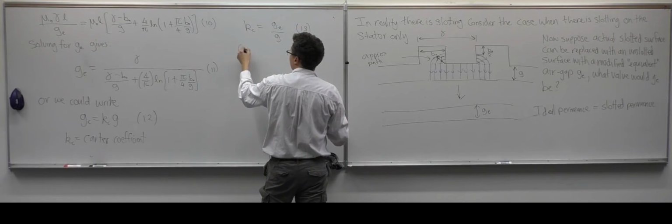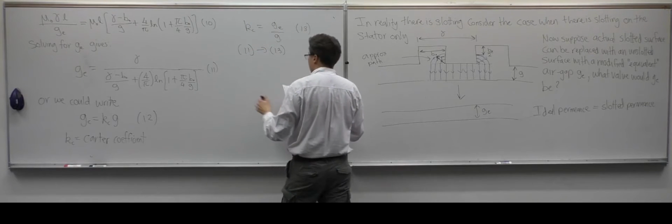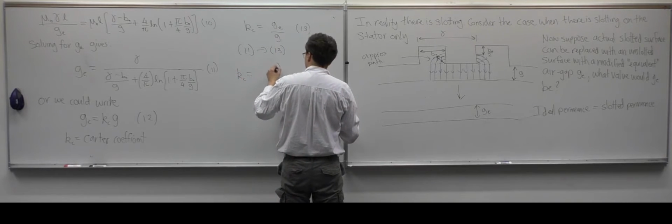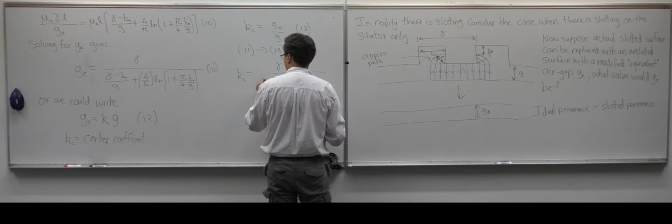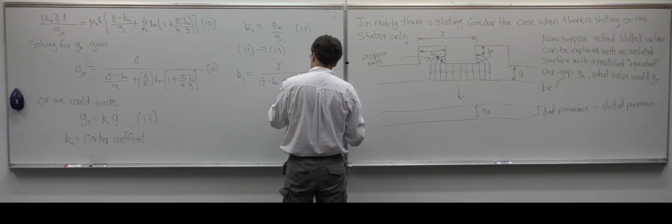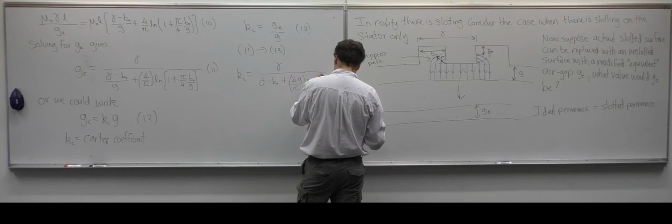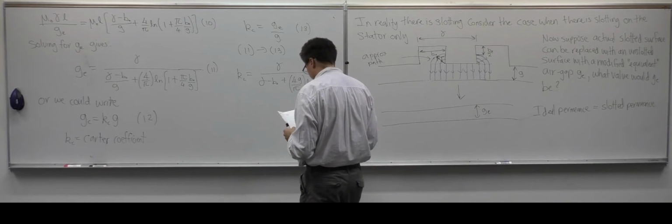So if we substitute 11 into 13, then we get K_C is equal to gamma divided by gamma minus B naught over G plus 4 over pi log 1 plus pi over 4 B naught over G, like that.